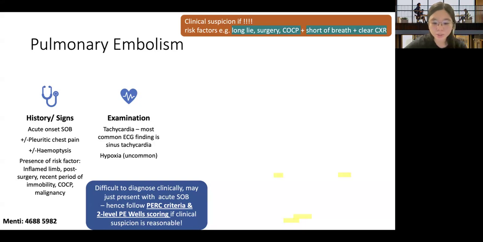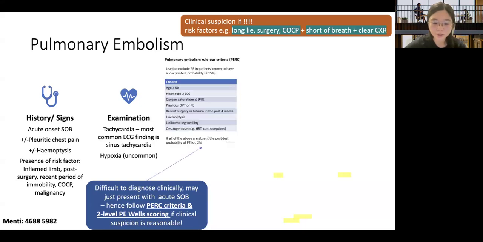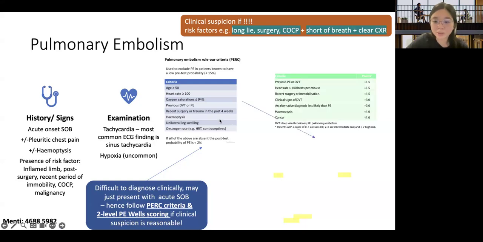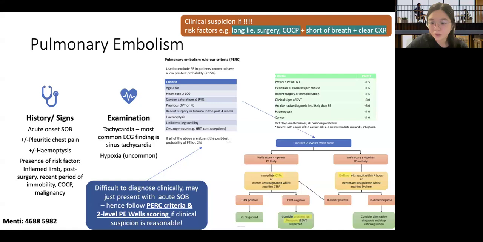So this is where the PERC criteria and Wells scores come into play. If they even have one of these criteria, you want to consider PE. You can find this yourself on PassMed. But what I want to highlight from here is that if it's unlikely, you would do a D-dimer, and this is a more non-specific blood test, because there are many things that can cause a raised D-dimer, but it's a good preliminary test.